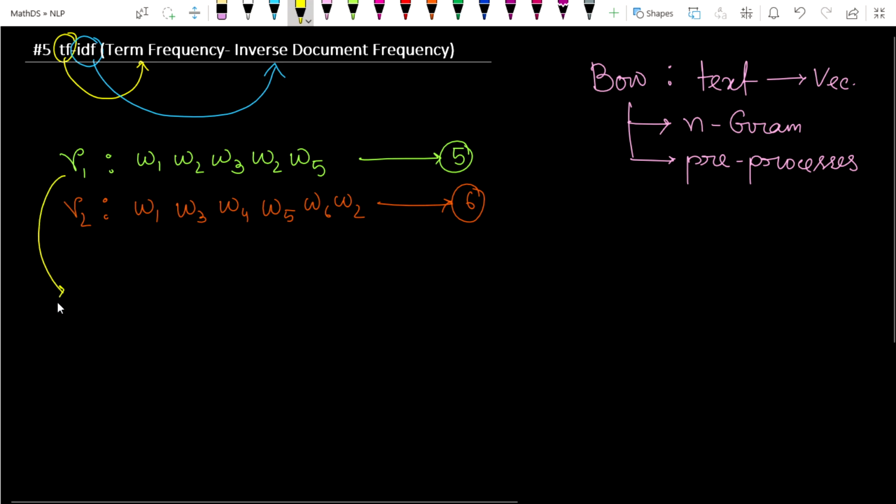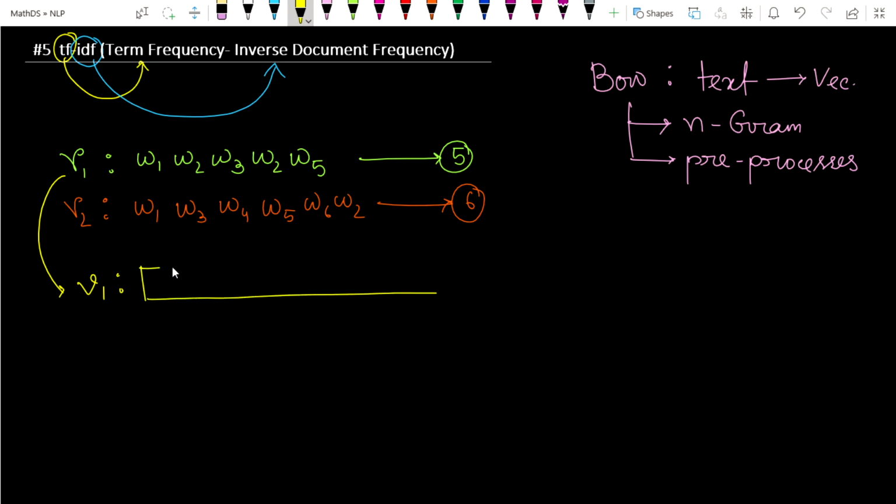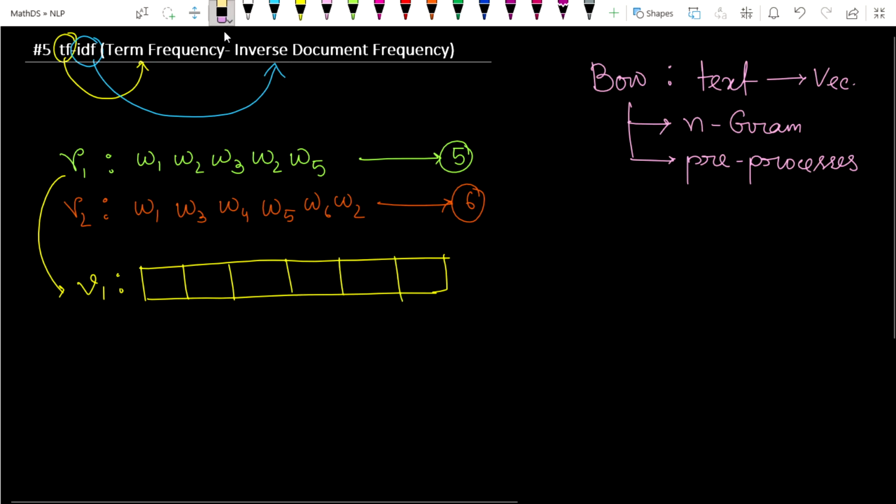We have seen how to convert this review to a vector. Suppose it's vector 1. If we use the bag of words technique, each dimension is responsible for one word. There are 5 words, so its dimension will be 5: 1, 2, 3, 4, and 5.